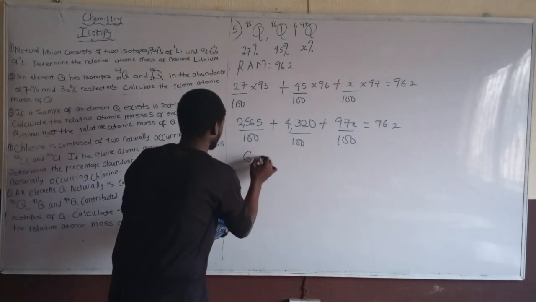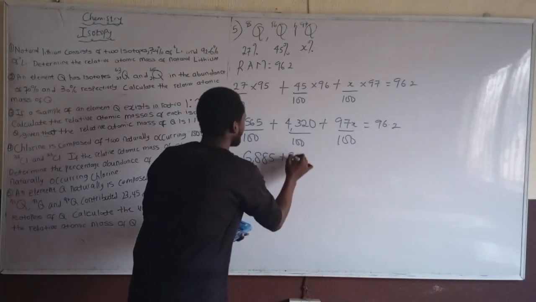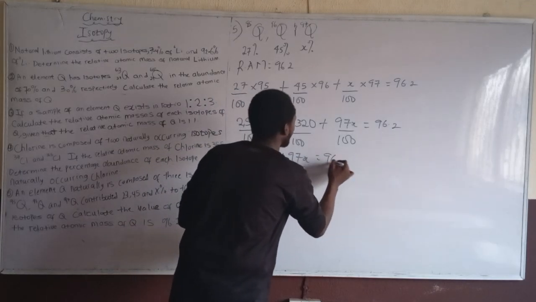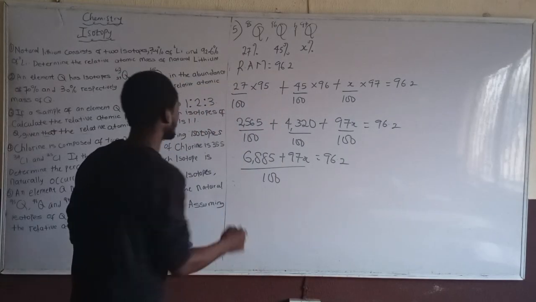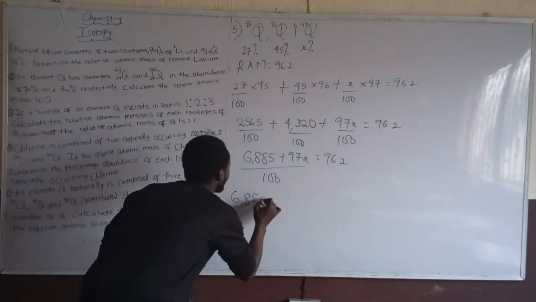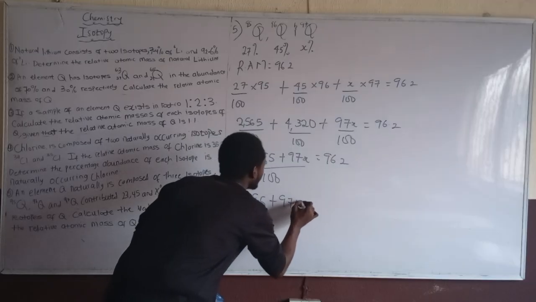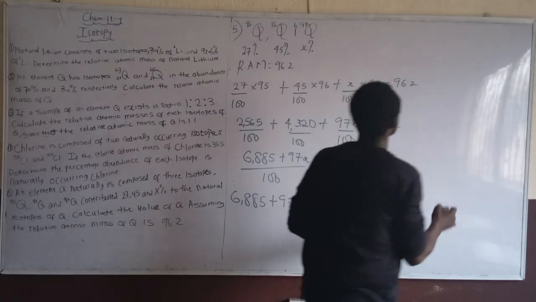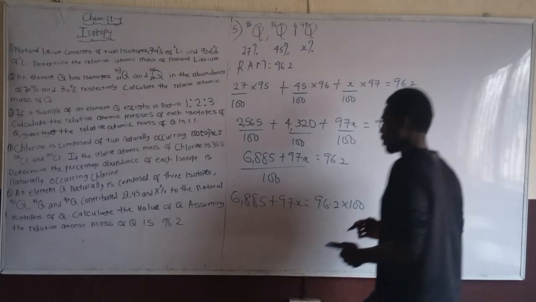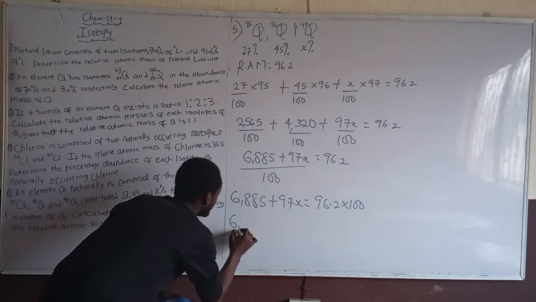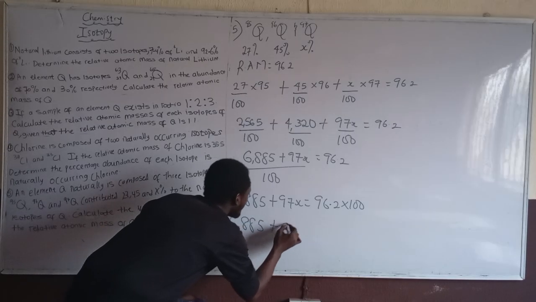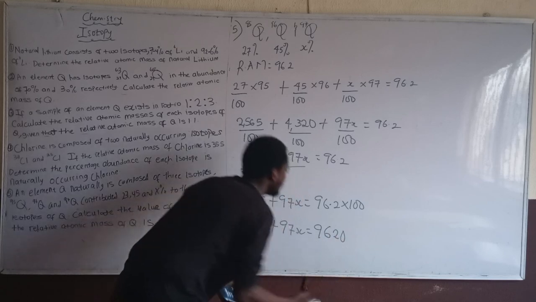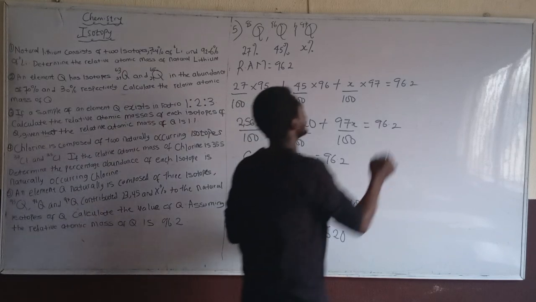That will give me 6,885 plus 97x, then everything over 100 equals 96.2. I will cross multiply. 6,885 plus 97x equals 96.2 multiplied by 100. So here becomes 6,885 plus 97x equals 9,620.